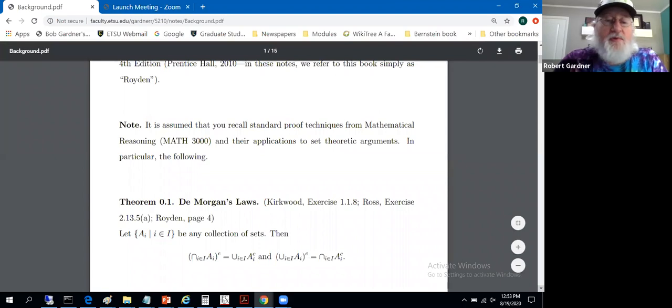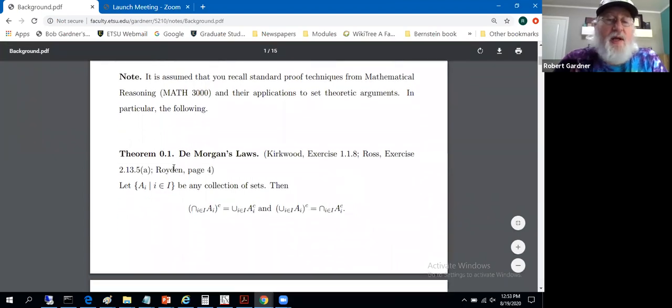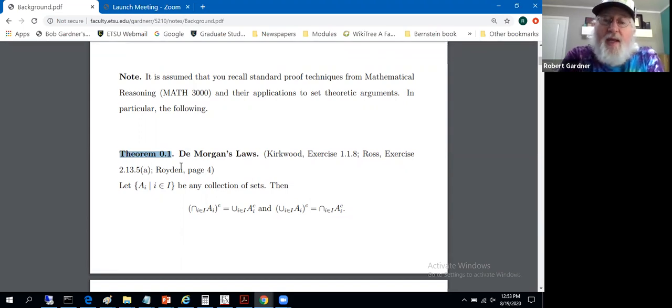Our first result: I will give these definitions and theorems numbers, and in the material in this graduate level class, I'll refer to these by the numbers in this background material. So Theorem 0.1, De Morgan's laws. I'll also often quote the result from Kirkwood and the result from Ross, and if it's in Royden, Royden has a preliminary chapter, then the result from Royden.